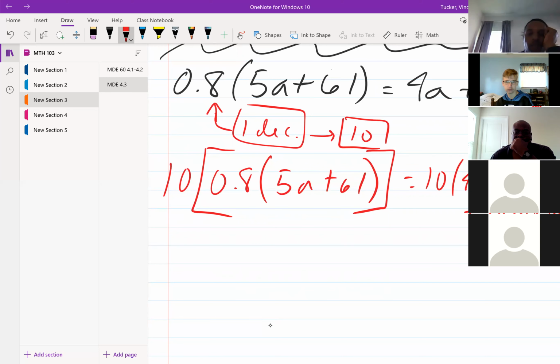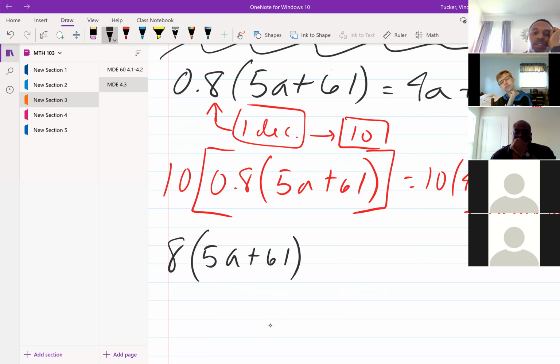So the 10 times the 0.8 turns that into 8. I haven't done my distribution yet. Ten times 4 is 40. And then 10 times 48.8 turns that into 488.